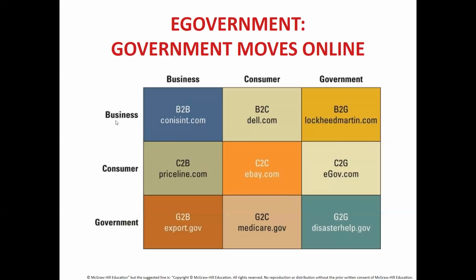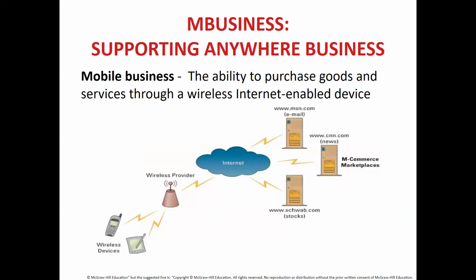So this overall in Web 3.0 changed the entire structure of the e-business model. M-business, and we were just talking about it. Supporting anywhere business, mobile business, the ability to purchase goods and services through a wireless internet-enabled device.